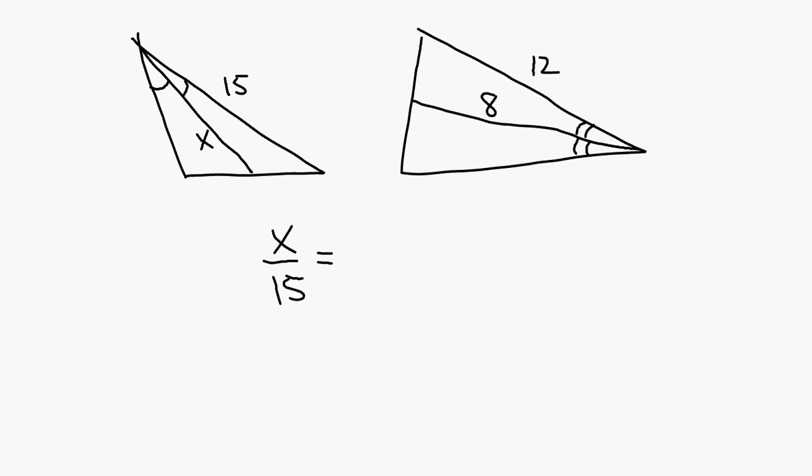Crisscross multiply, so 12x equals 15 times 8, 120. Divide both sides by 12. X equals 10.